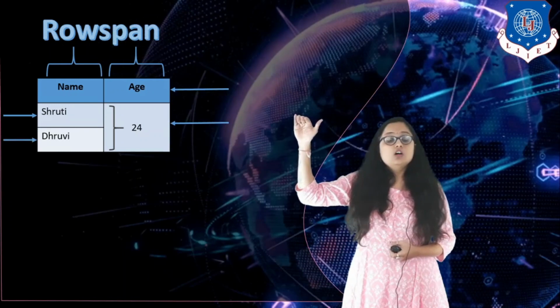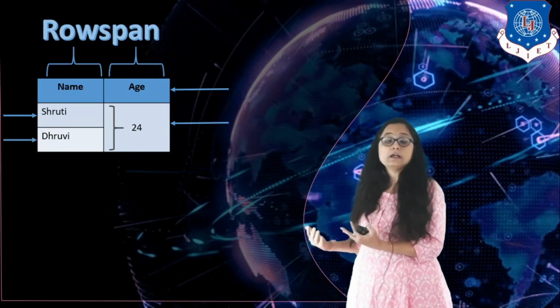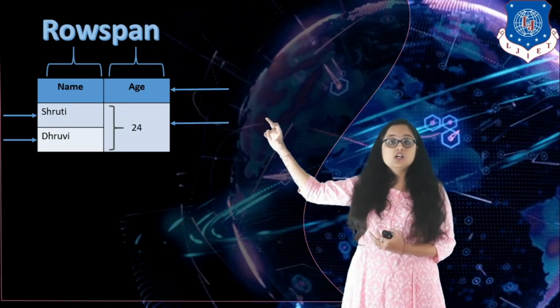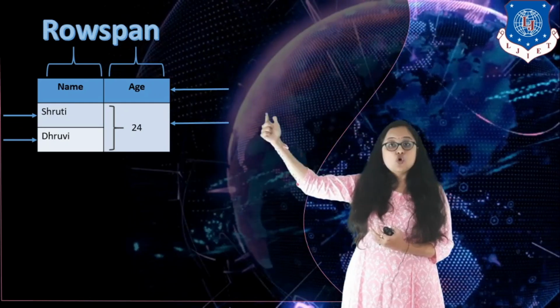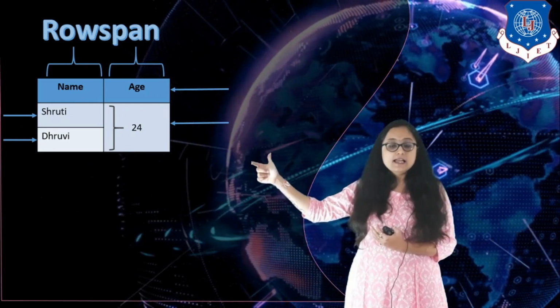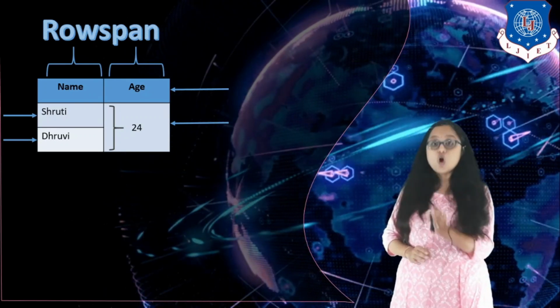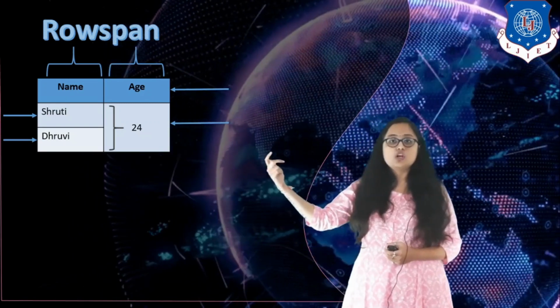Also, the third row. In the third row, you do not have that column. Why? Because the rowspan attribute will be written inside the second row only. So whenever you are specifying the third TR and the columns inside it, you will be specifying only the first column, Dhruvi.